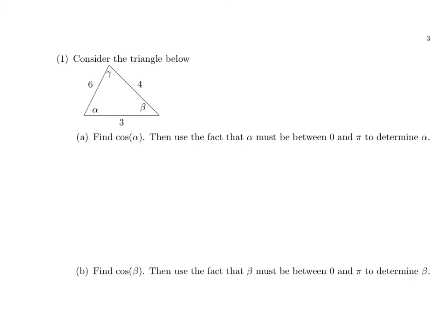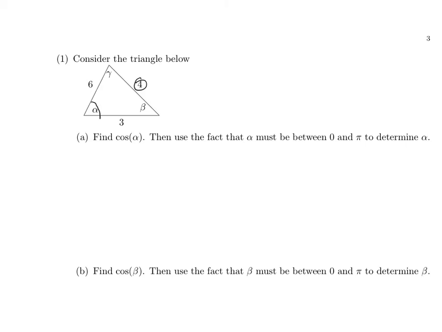Since I can't do that, I'll talk through the first one in detail. Then I'll pause the recording and I'll give you the solutions and I'll talk through them quickly without writing them. And then we'll do this checksum. So let's get started. Let's find the cosine of alpha. If I want to find the cosine of alpha, let's use the law of cosines centered at that angle.